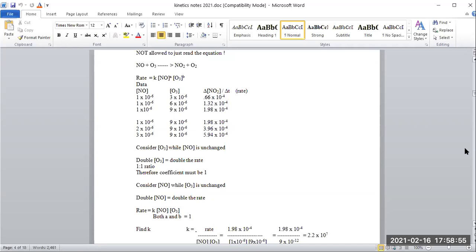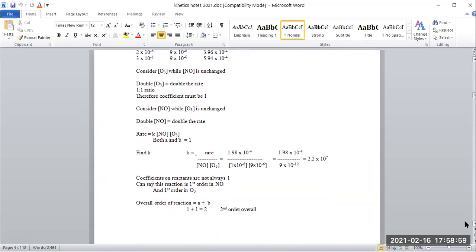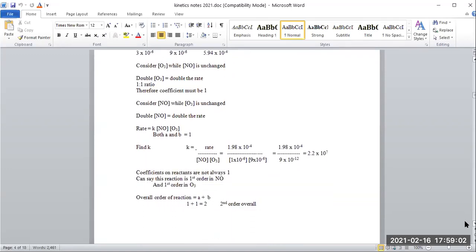And we had a look at K values. So it shouldn't really matter which line you pick. I picked the one that had an NO concentration of 1 × 10⁻⁶. My O3 was 9 × 10⁻⁶.